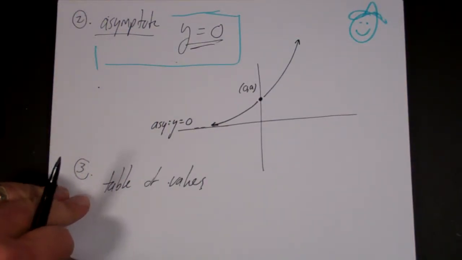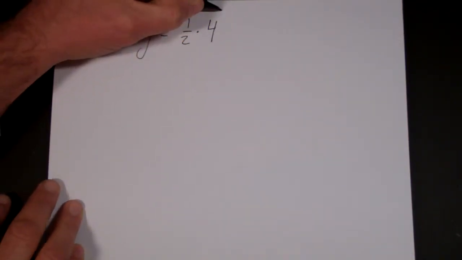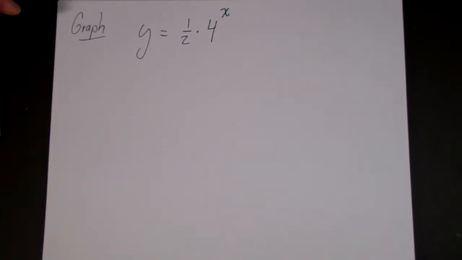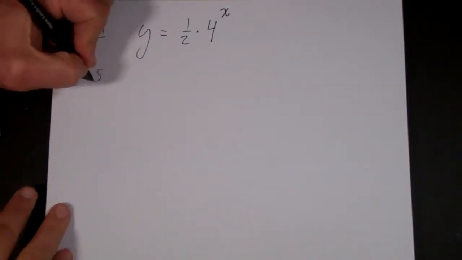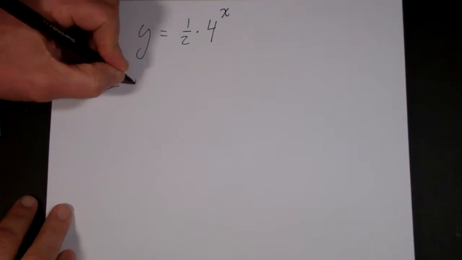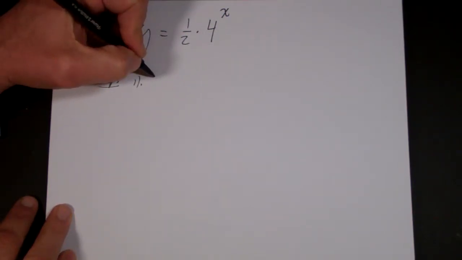So let's look at an example. Let's graph y is equal to 1/2 times 4 raised to the x. And your first step is to find the y-intercept.